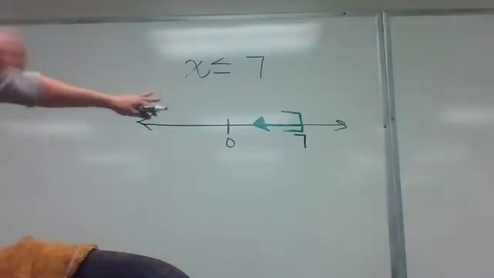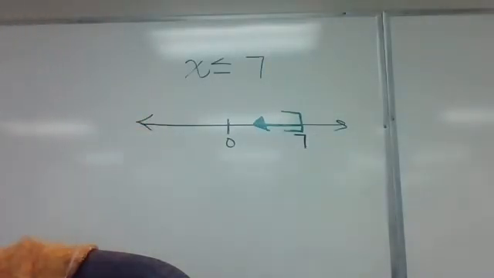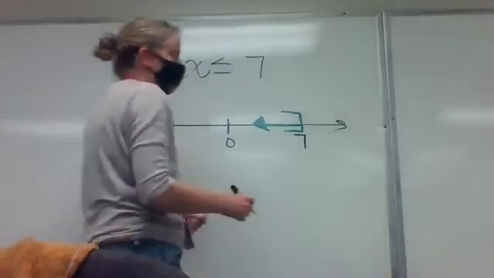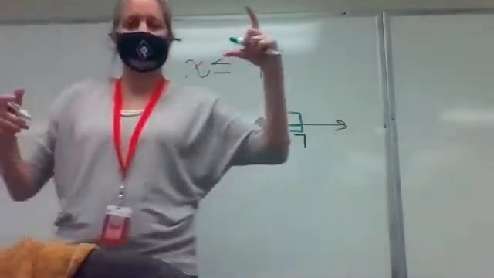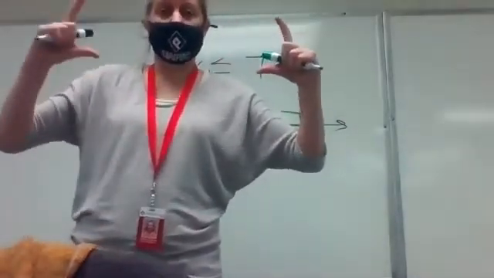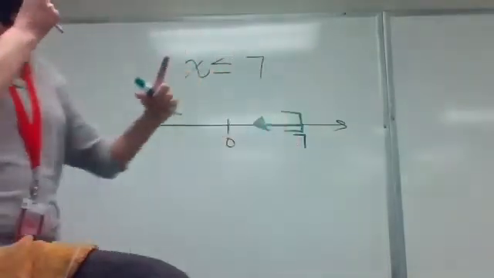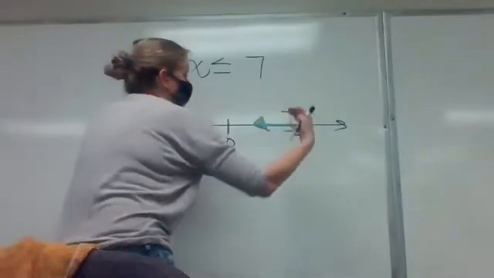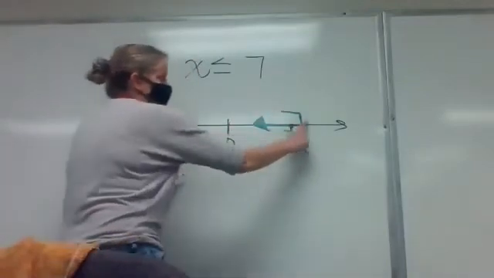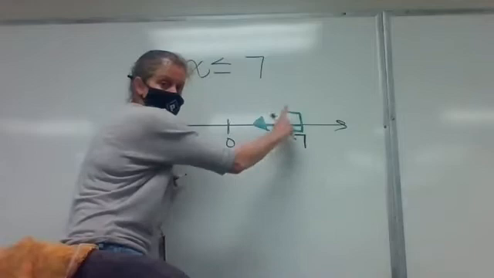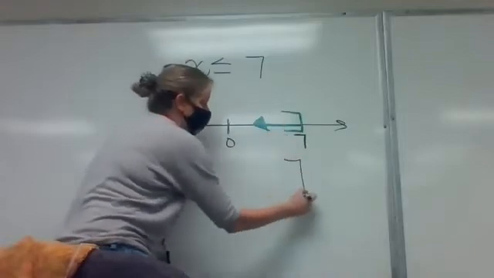Now, once you have that picture, your interval notation, which remember, we talked about interval notations have an opening symbol and a closing symbol. You can actually pull it directly off of this number line. There's my closing symbol, the one that's going in this direction.